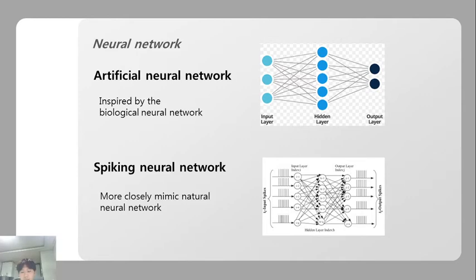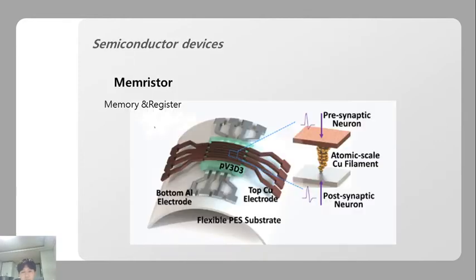On the other hand, in case of SNN, it directly imitates the structure of the brain to overcome the shortcomings of the present computer using devices such as memory registers. The memory register is a compound word of memory and registers and can perform functions of integrating memory and process.